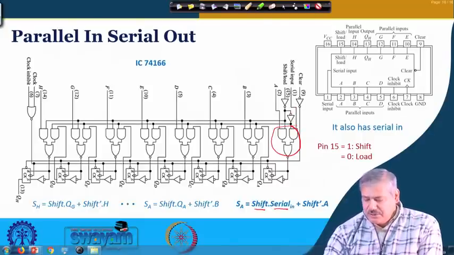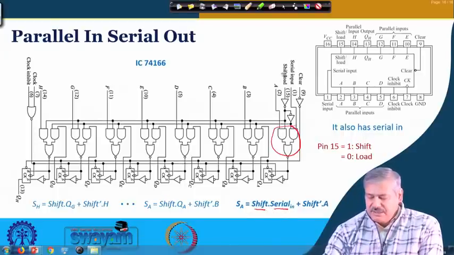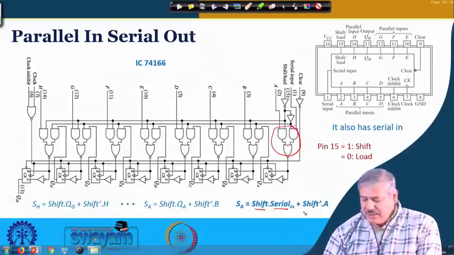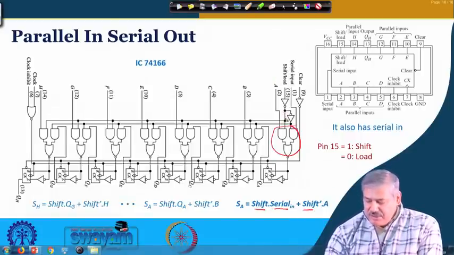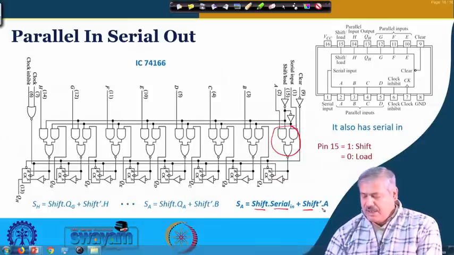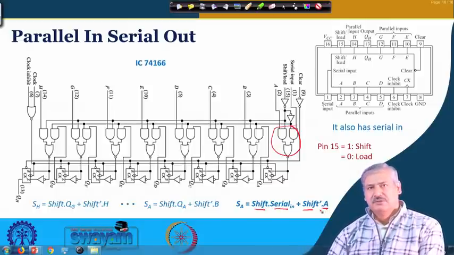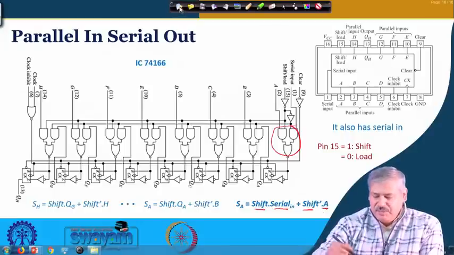Do you get it? So shift here ANDed with serial in, I consider this is shift, forget about the load part of it. And then shift prime, this is coming over here, the inverter, ANDed with A, that part is understood. Okay. So what does it mean?